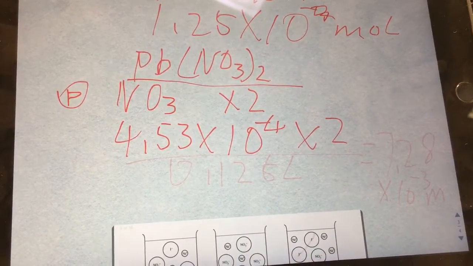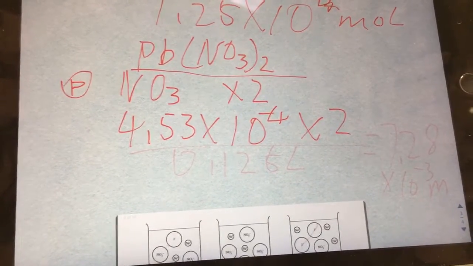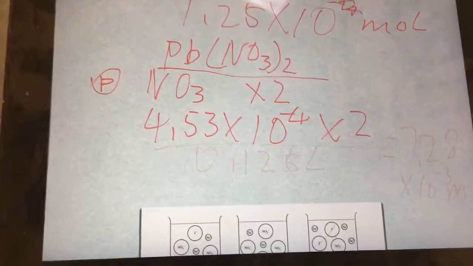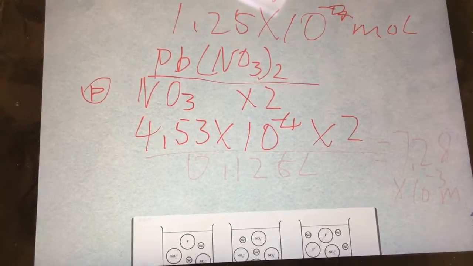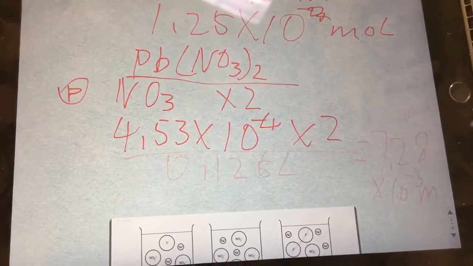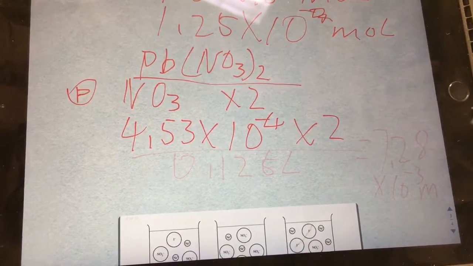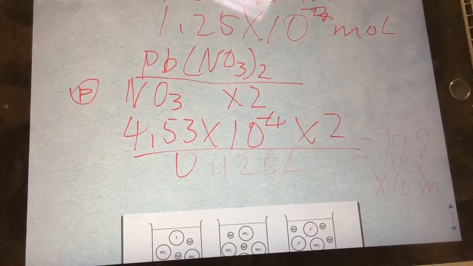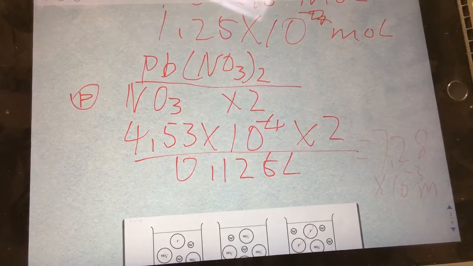Then we divide by the volume of the aqueous solution, which is 0.125 liters.